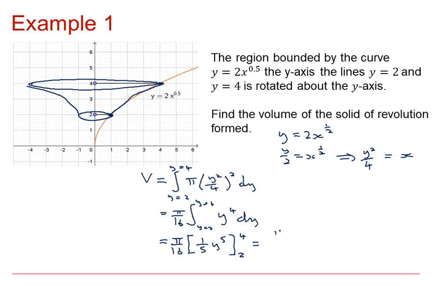So I'm going to take the pi over 80 out as a common factor. Putting the top limit in gives me 4 to the power 5 minus the bottom limit going in, 2 to the power 5, which gives me a volume. That's the exact volume generated.